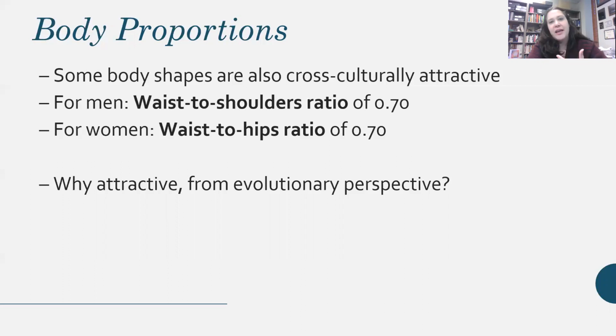Okay, so again, this seems to be popular and attractive around the world. Doesn't matter what kind of culture you're from. The V shape for guys and the hourglass, especially the bigger hips in women, seems to be attractive no matter what culture you're from.